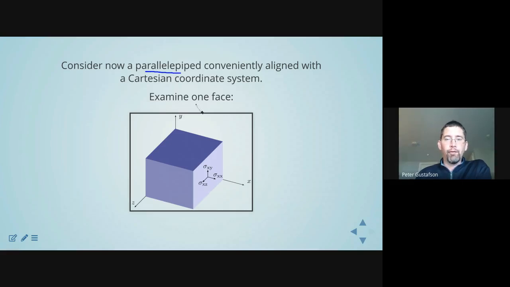So looking just at one face, I'm going to call it the x normal face, so plus x direction, we have now on this face 3 components of a vector. We have a normal component. We have a shear component that's oriented with the y direction. We have a shear component that's oriented with the z direction.